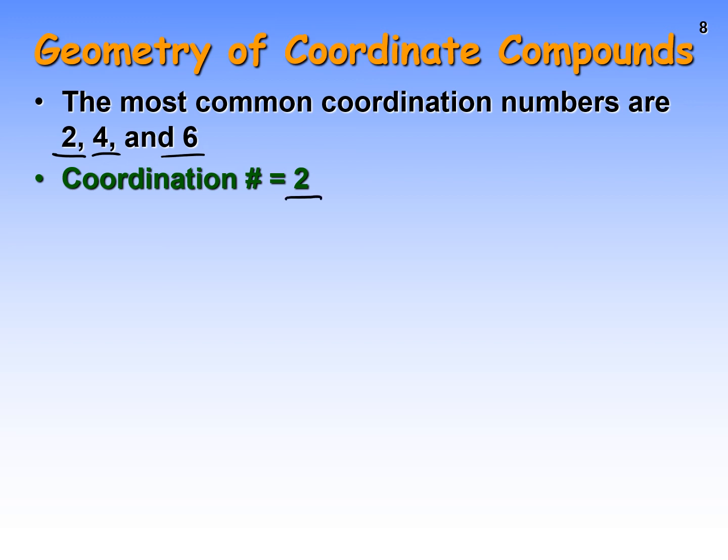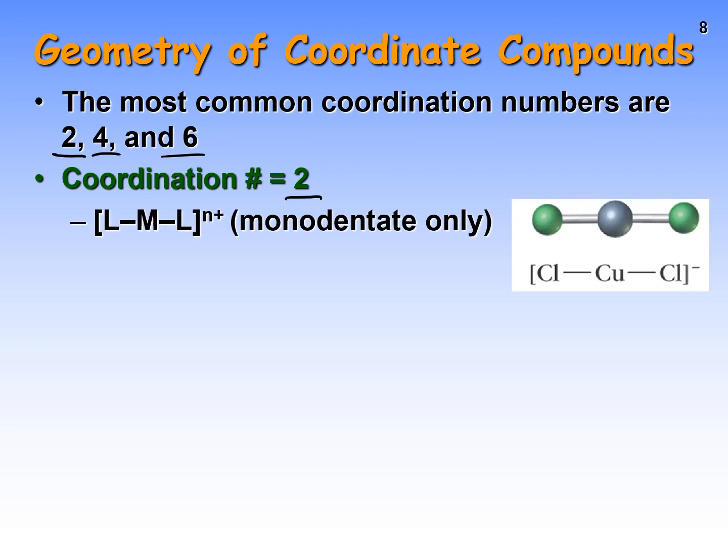A coordination number of 2 means that our metal has 2 spots where it's forming a coordinate covalent bond. We're only going to see monodentate ligands with coordination number 2. So we have 2 ligands attached to the metal center.